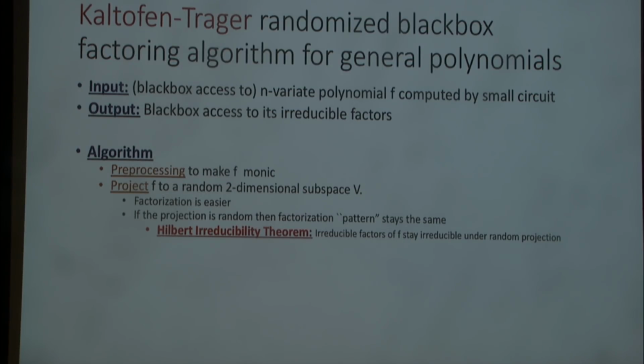And my polynomial is monic in y. In the form I'll state it, it'll be useful to have it monic in y, though I believe this is not important. If my random 2-dimensional space was chosen uniformly random from all 2-dimensional spaces, I think this monic is not going to be necessary. But the form I will state it in, let's assume it's monic in y.